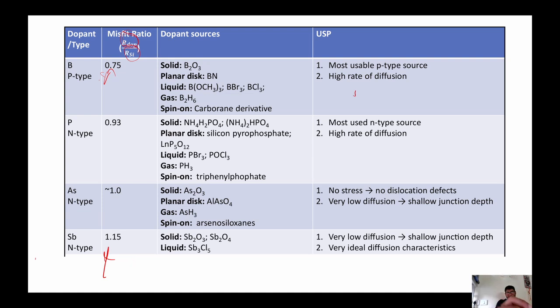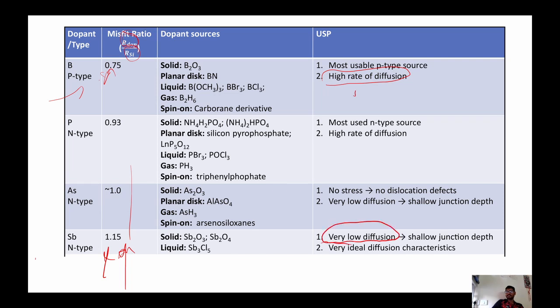In this case, if the size is less, the diffusion rate is very high, because it can go through the interstitials as well, that we have studied. For interstitial diffusion, an atom of very small size can go through the interstitial positions very well. The more the size of the dopant atom, the slower the diffusion.